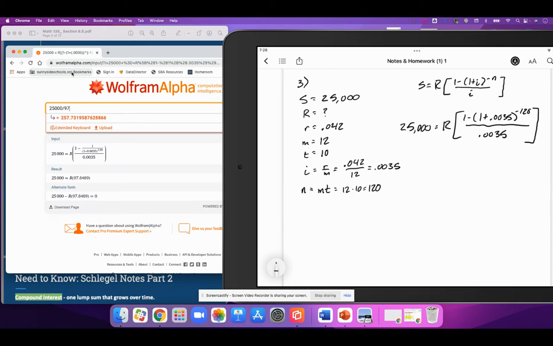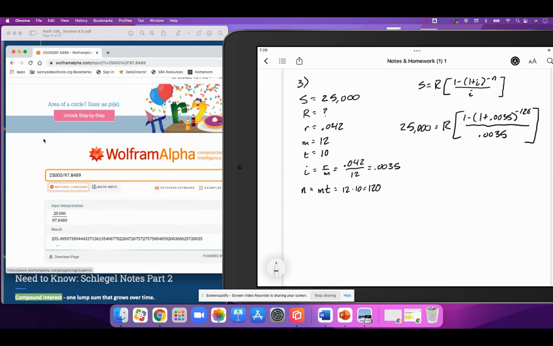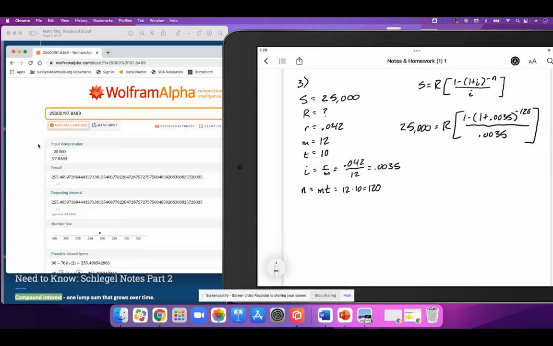So divided by 97, 84, 89, we get monthly payments of $255.50. And so the monthly payment is $255.50.